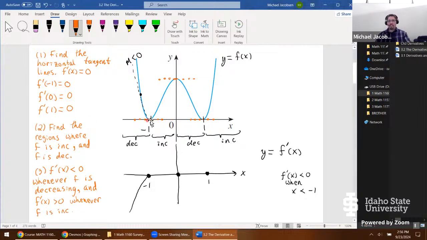So the moment we found the decreasing, increasing regions, we were just saying, where does the curve itself lie above or below the x-axis, the curve for the derivative?